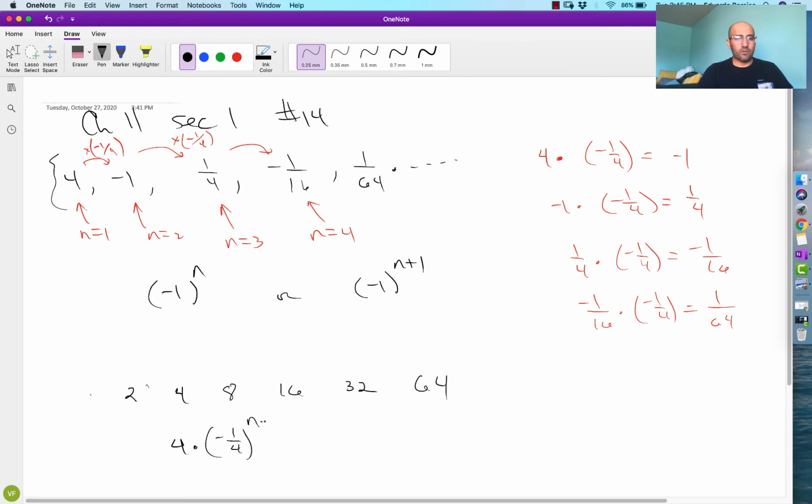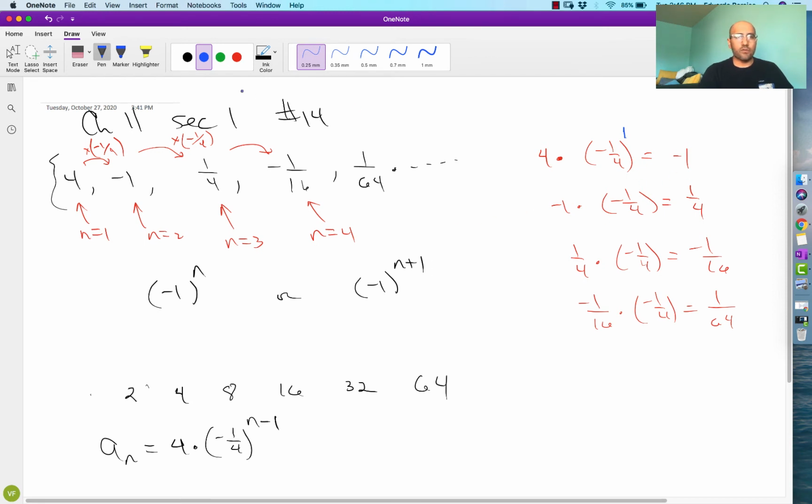So n minus 1 gives me 0 there, which would give me the first one. Good. Because the power of 1, it's equal to that.